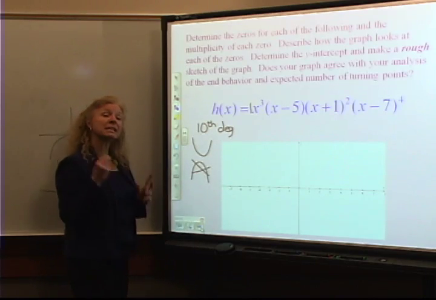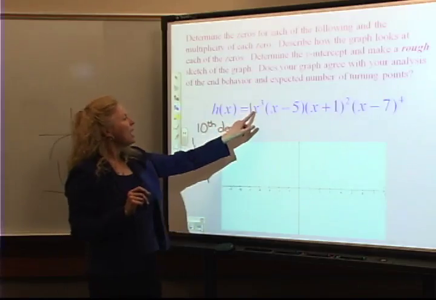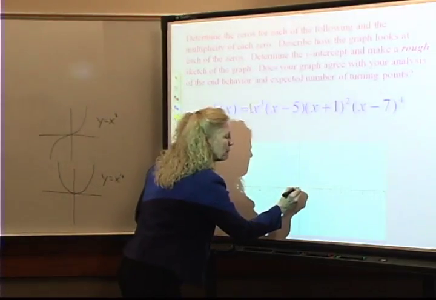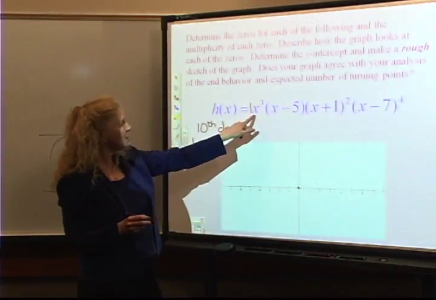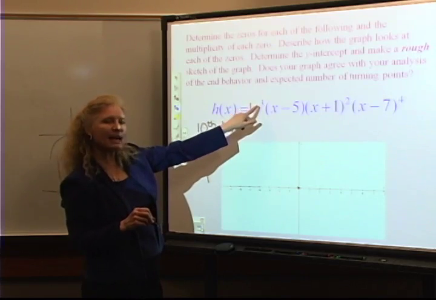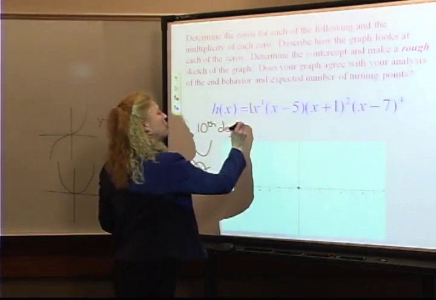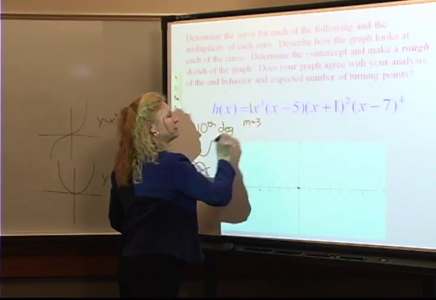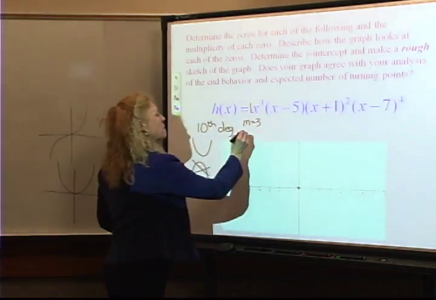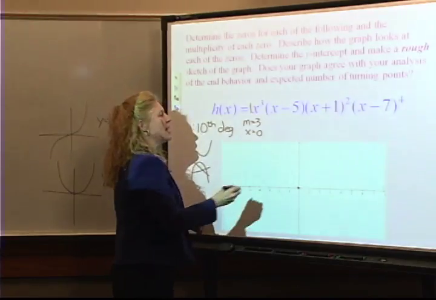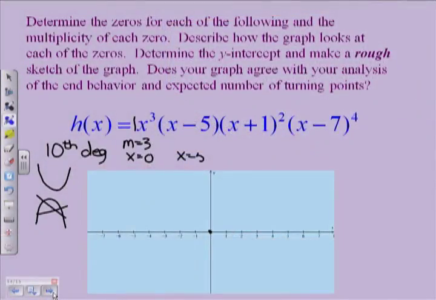All right. Now let's get our roots on there. I have a root at 0 because this is 0 when x is 0. And it has a multiplicity of 3 for x equals 0. X equals 5, coming from this factor, has a multiplicity of 1.